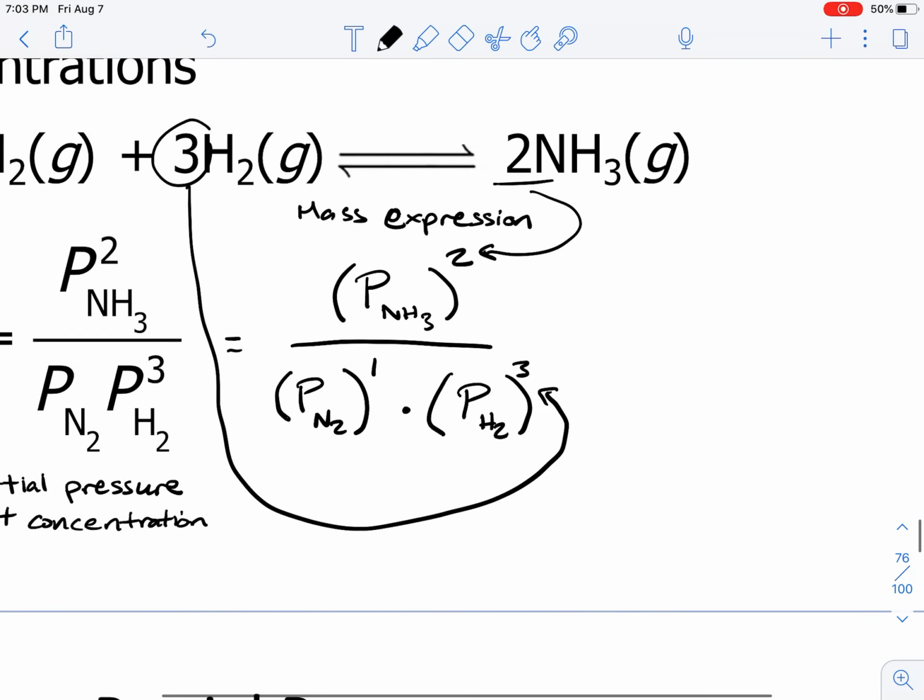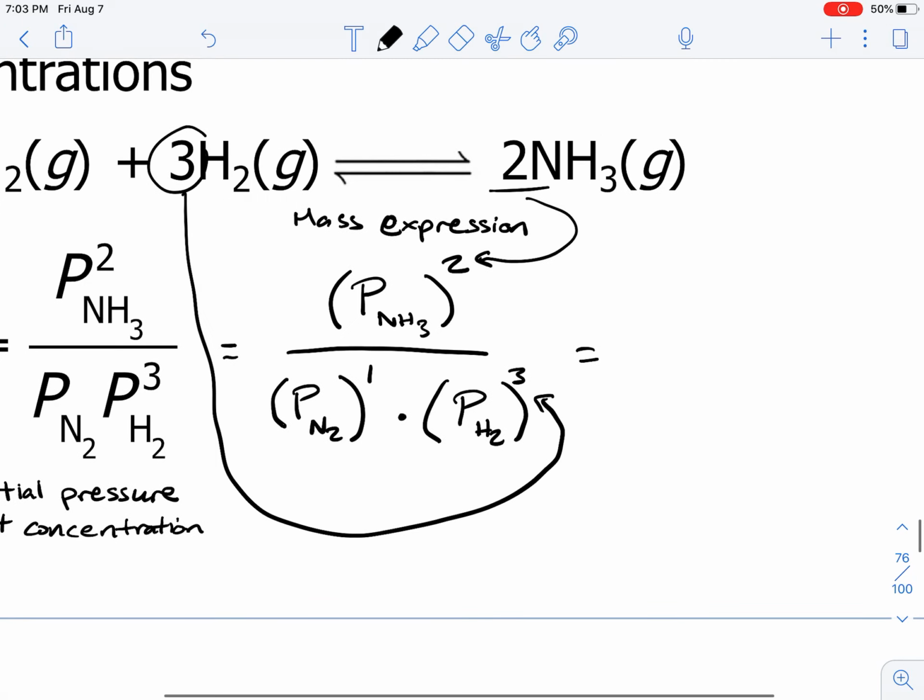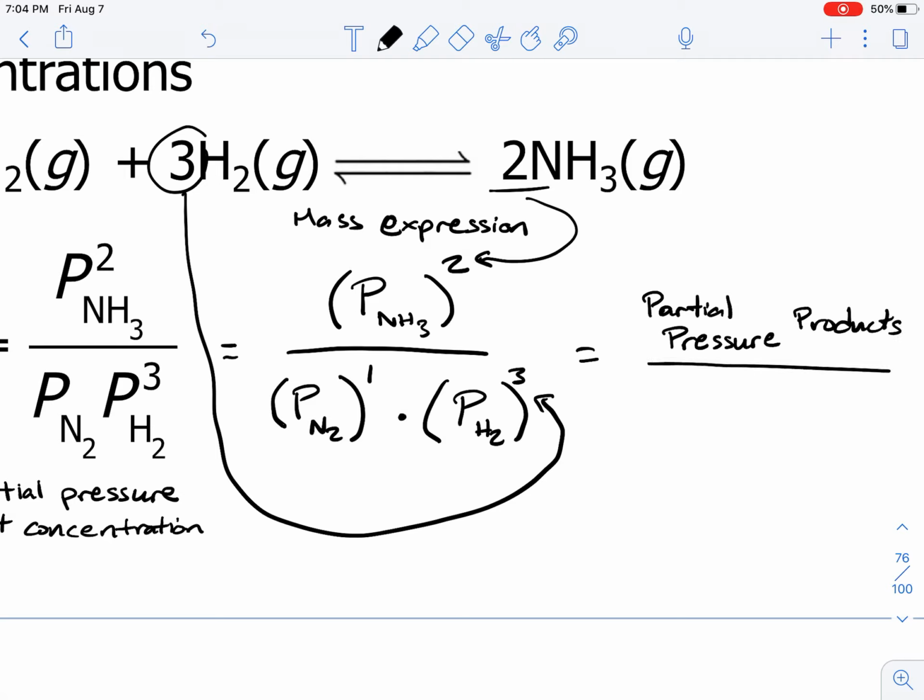And so overall, we still have the same format for a mass action expression. However, the unit in this case is going to be the partial pressure instead of concentration. So partial pressure of the products over partial pressure of the reactants.